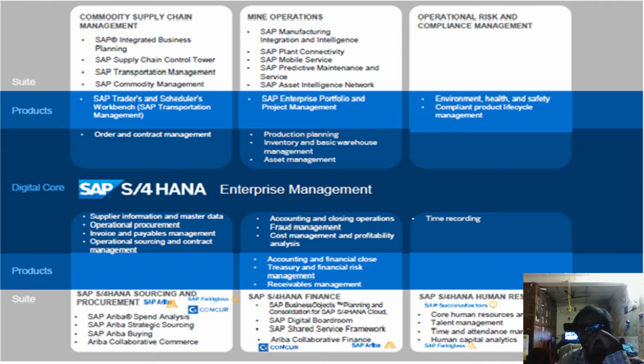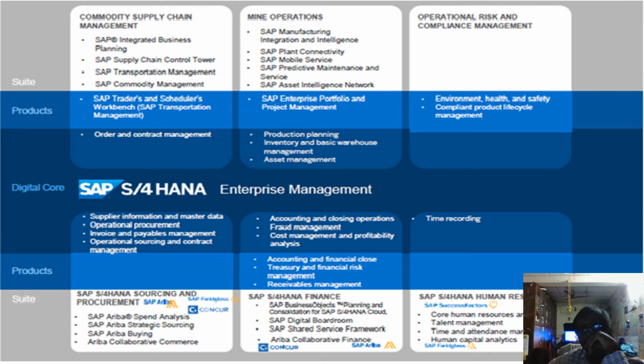And then SAP Mobile Services, SAP Predictive Maintenance and Service, SAP Asset Intelligence Network, and SAP Enterprise Portfolio and Project Management. Then we have production planning, inventory, and basic warehouse management, asset management.